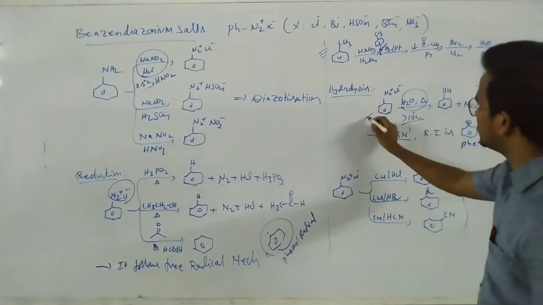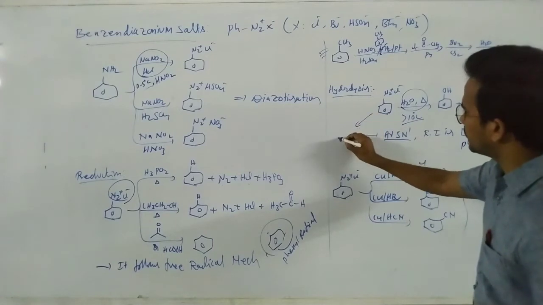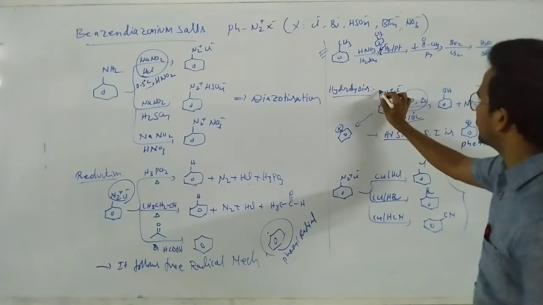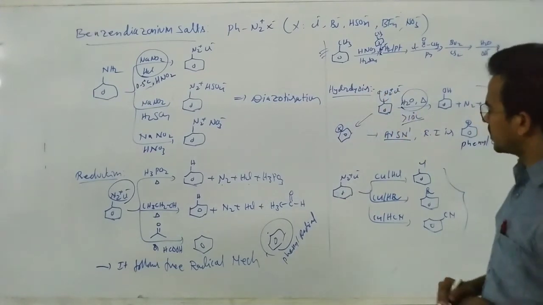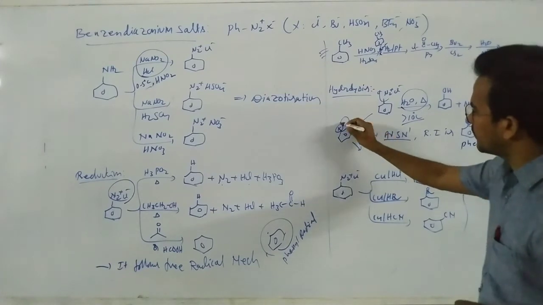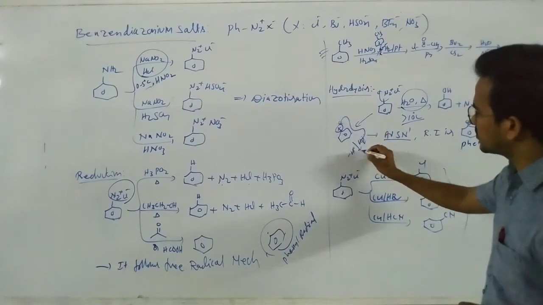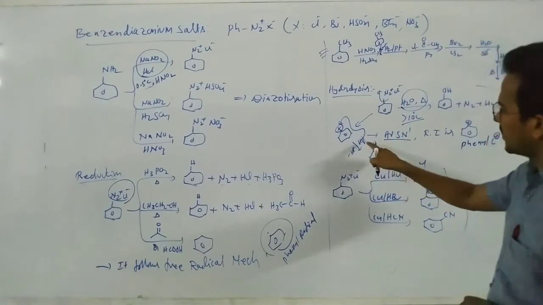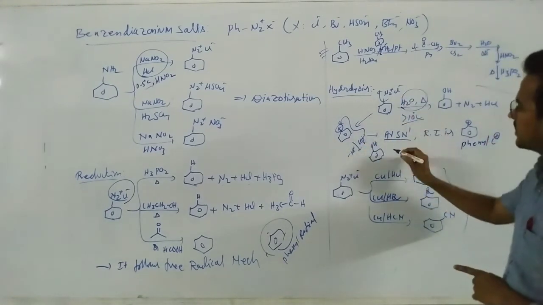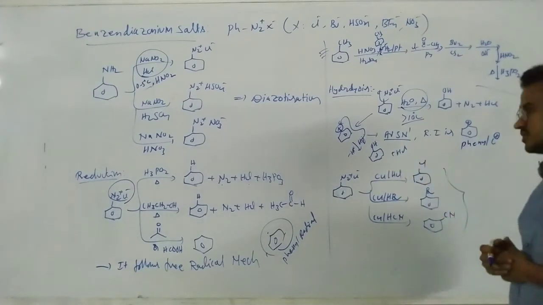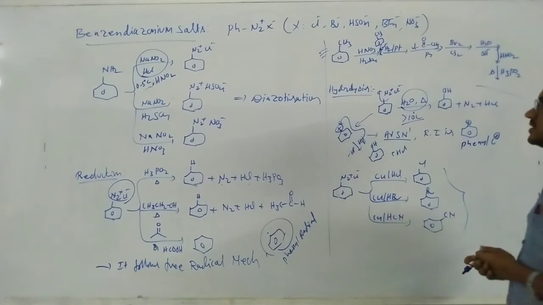So first of all, with heating, it is converted to phenyl carbocation. Loss of N2 takes place. Now it is attacked by the water molecule, and then loss of proton takes place. So we get phenol. That H+ combines with Cl-. So side product HCl. Already I completed this one. We can refer to the aryl halides.